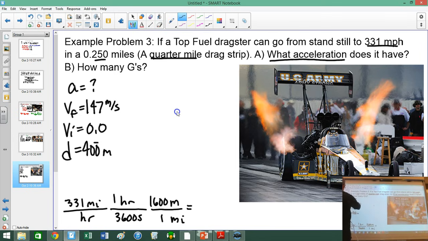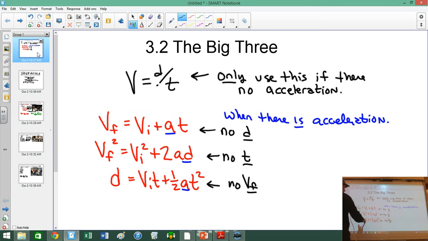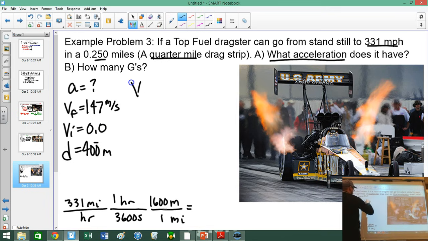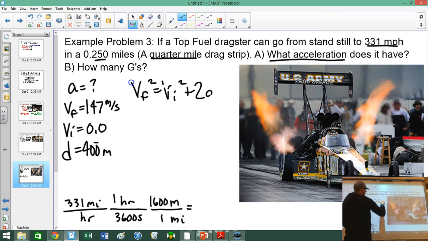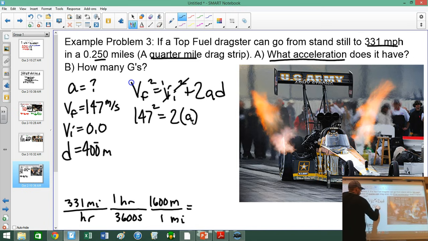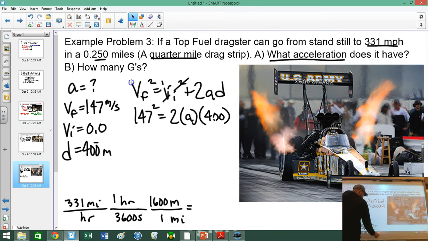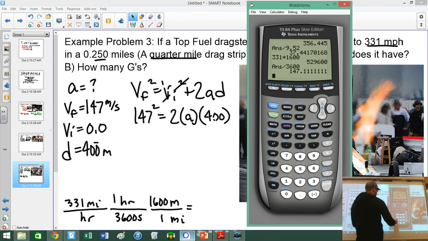Let's try VF squared equals VI squared plus 2AD. I think this one will work for me. 147 squared equals 0 plus 2 times, I don't know the acceleration, and my displacement is 400. So, yeah, that looks like it.